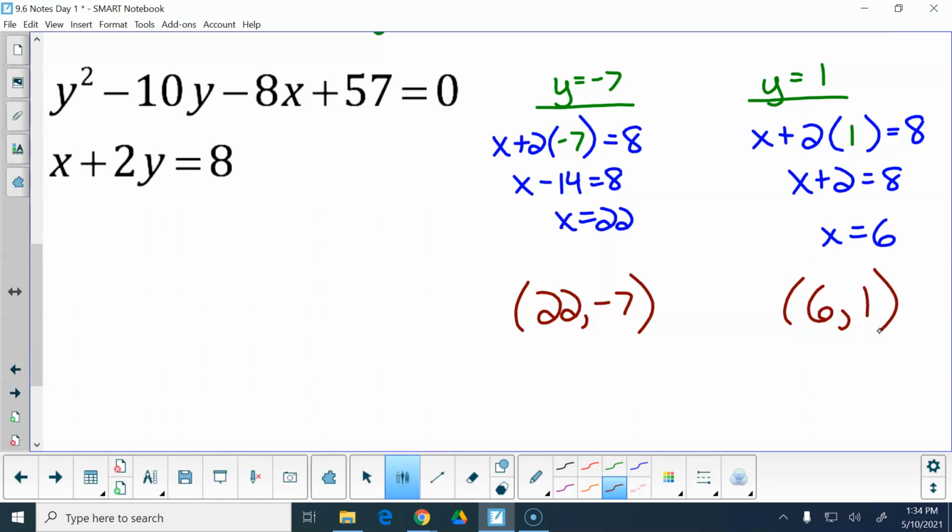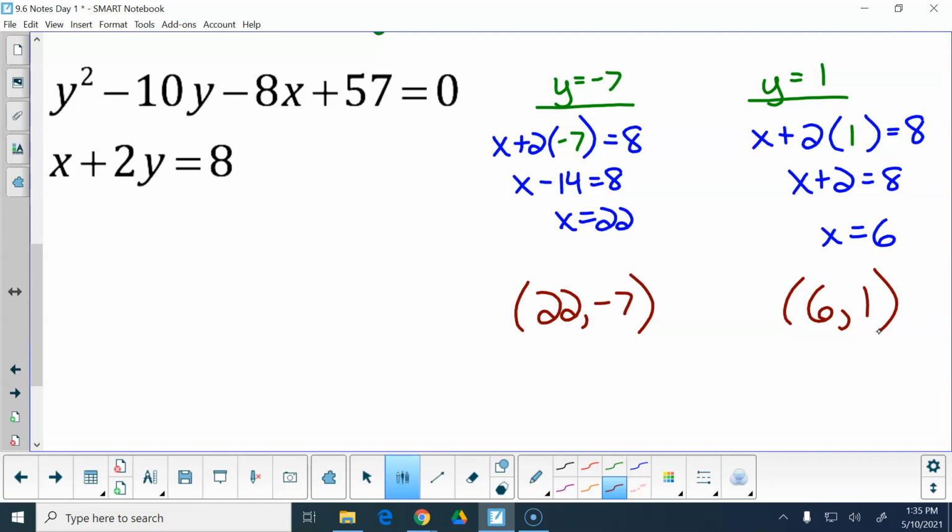6 plus 2 is 8. 1 minus 10 is negative 9. Minus 48 is negative 57. Plus 57 is 0. Checks out there. 22 minus 14 is 8. 49 plus 70 is 119.